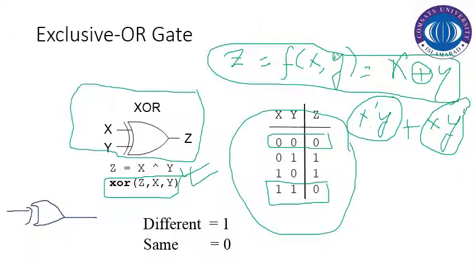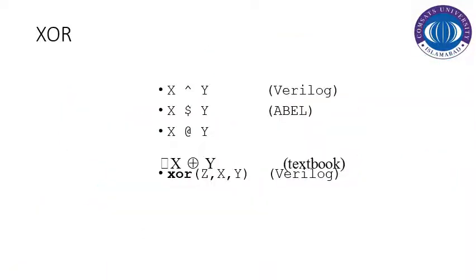Both are the same symbol, except here we are not interconnecting these two lines. Here the lines are also connected, so both are the same basically. So X and Y, and I'm getting Z here. Well, okay, that was the exclusive OR gate. These are the representations in different platforms here. We will be using this representation which I've discussed with you earlier.